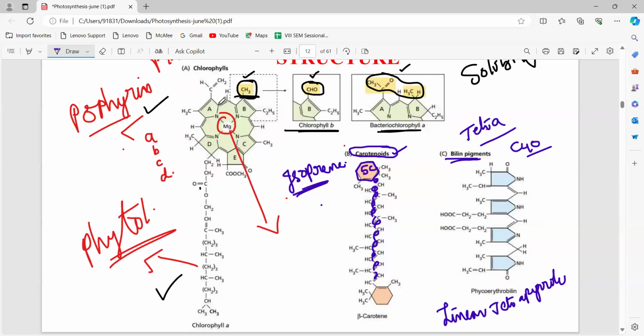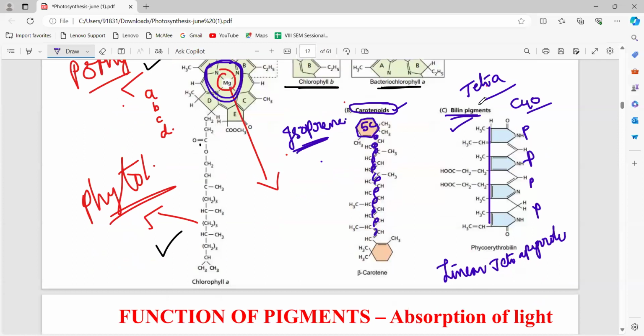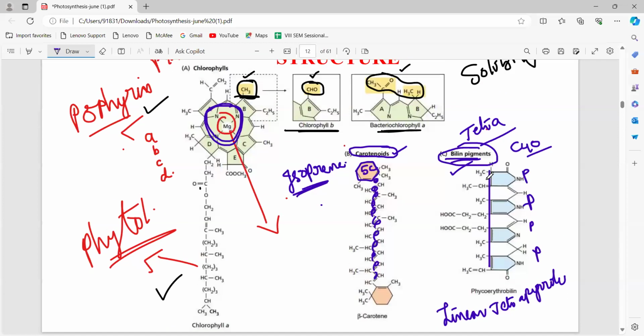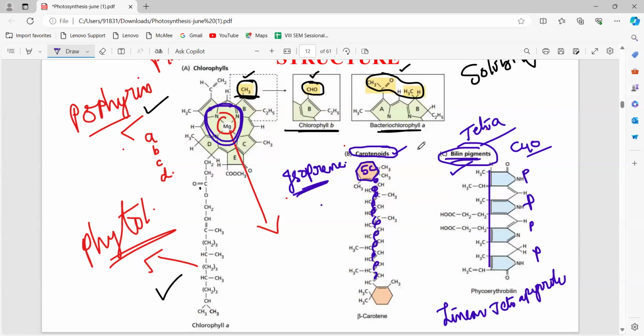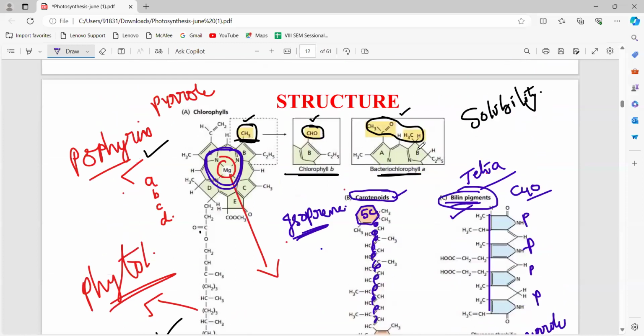Chlorophyll A, we said, is circular, but here we say linear tetrapyrrole, which means one pyrrole, second pyrrole, third pyrrole, fourth pyrrole, but they are linear, a straight chain. That's what we call a linear tetrapyrrole. No point of getting confused over there, and it is easy to understand.